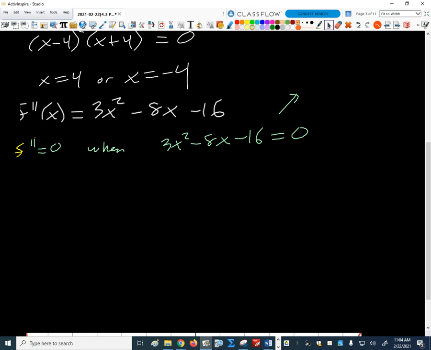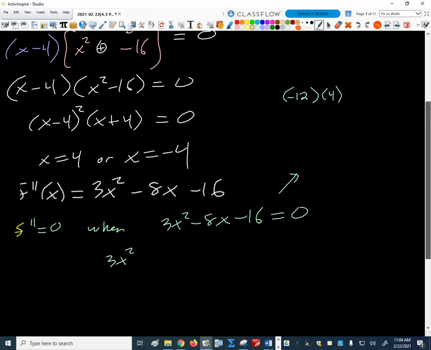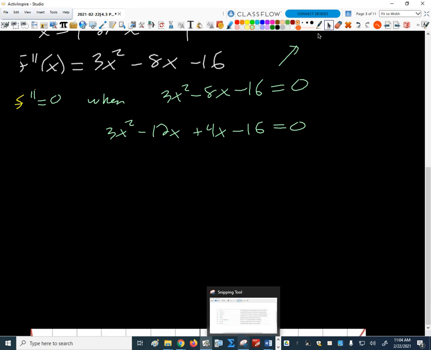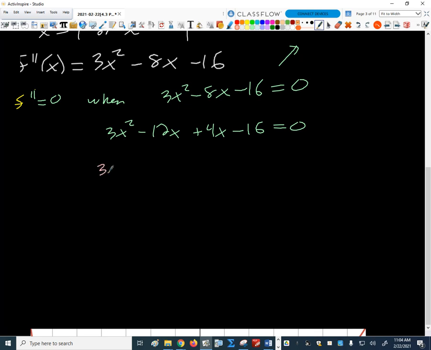Remember, we can just split this middle term and we can factor by grouping, right? So we end up then with 3x squared. I always like to put the negative one first. So 3x squared minus 12x plus 4x minus 16. And then rather than having to use slip and slide or bottoms up, those are kind of hokey, we'll just factor by grouping. In the first group, we could factor out a 3x, and we're left behind with what? x minus 4.